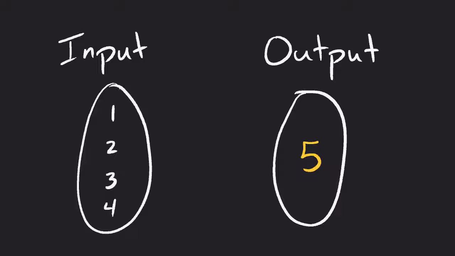So I push the 1, and I get a 5, every time. I push the 2, I get a 5. I push the 3, and I get a 5. And I push the 4, and I get a 5. Every time I push those numbers, that's the answer I get out.